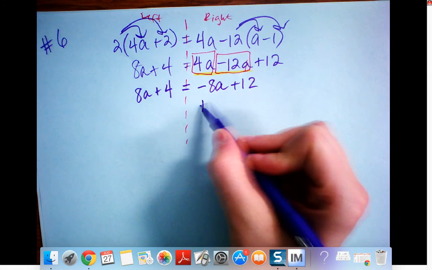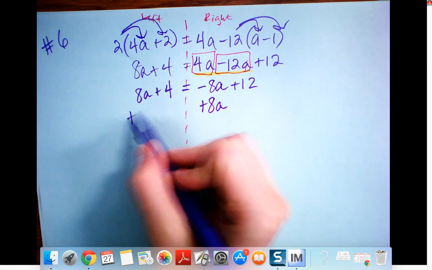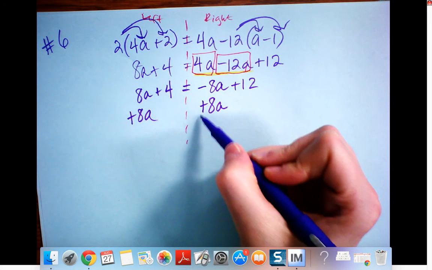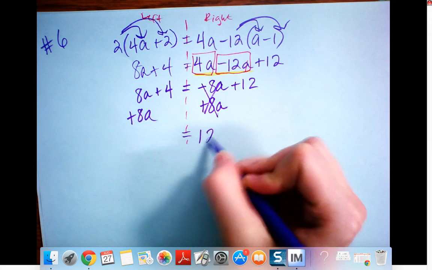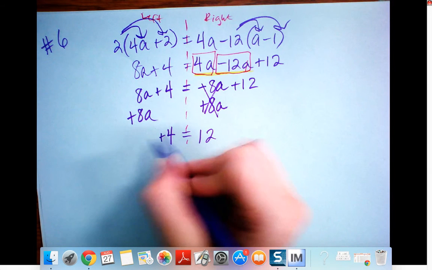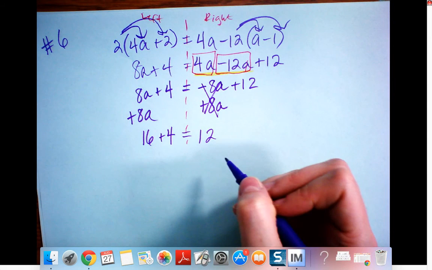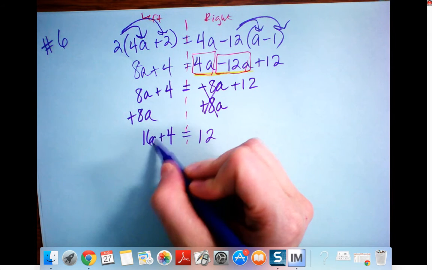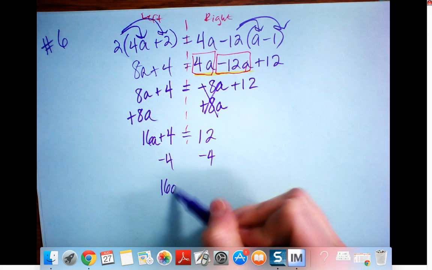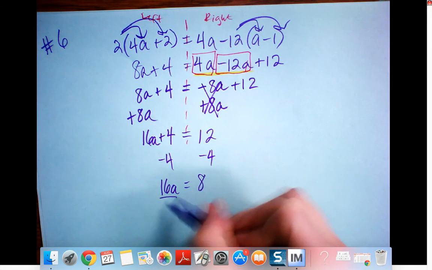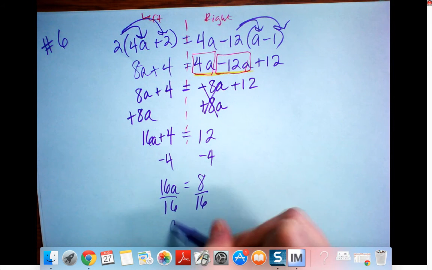So I do the inverse operation to move the negative 8a. 8a plus 8a is 16a. And then if you subtract 4, a equals 1/2.